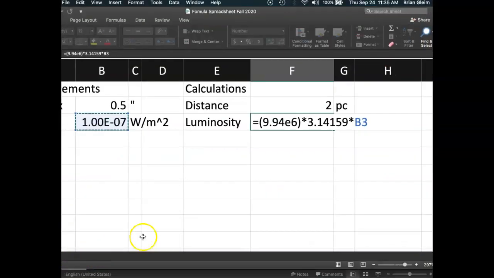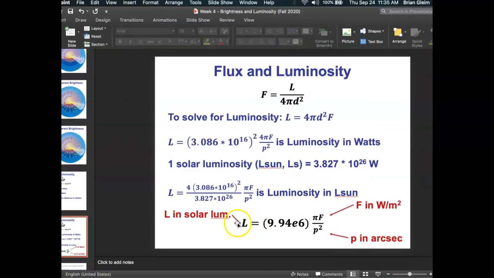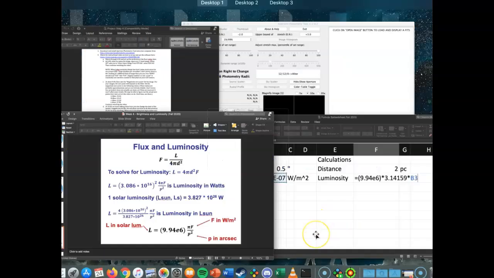Right? So far, so good. 9.94 times 10 to the 6 times pi times the flux divided by the parallax squared.